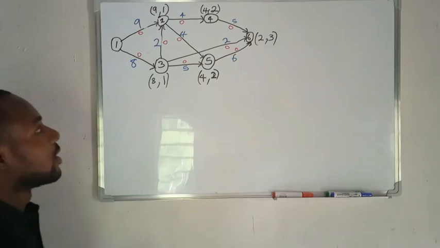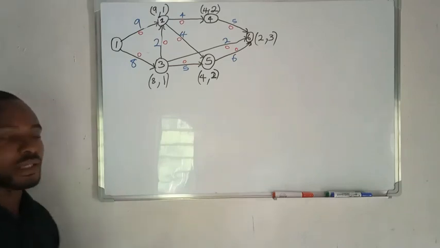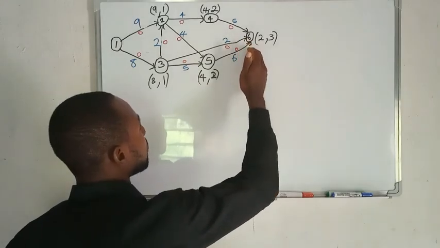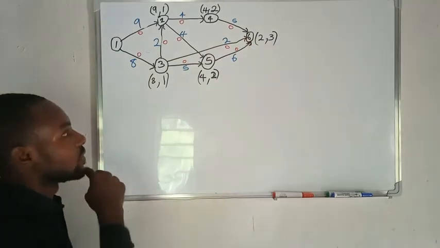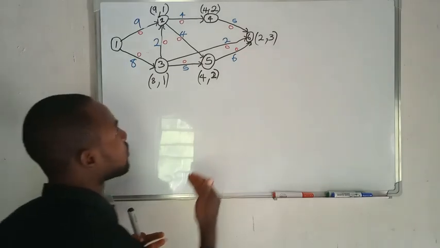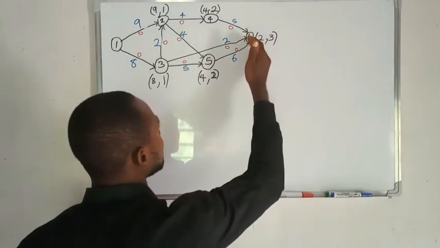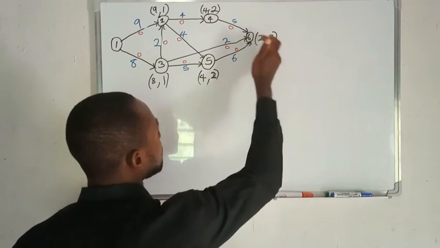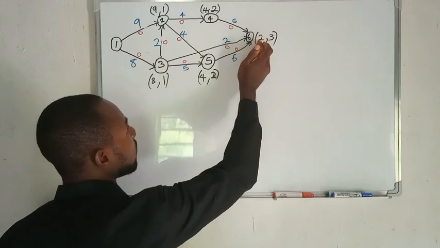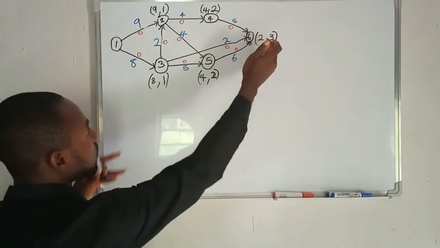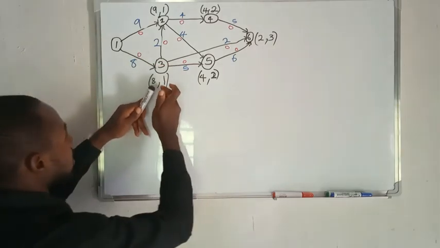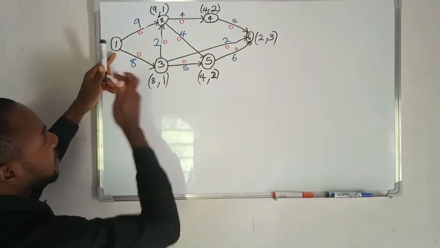And the labeling algorithm theory says that once you label the last node, which is the sink node, then you start doing the iteration. And how do we do this iteration? We go from the last node to the node that is connected to it, subtract this flow from it, and then go to the node that is connected to it and check the node that it has connection to, and then subtract 2 from it.